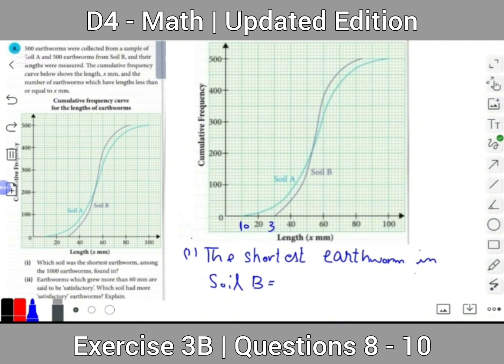It is approximately equal to 30. So the shortest earthworm in soil B is equal to 30 millimeters.